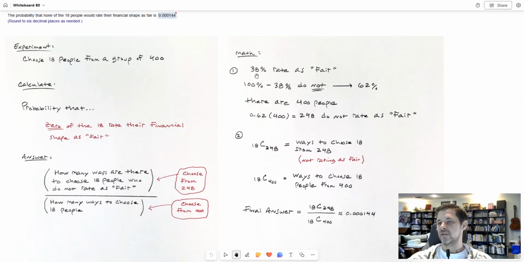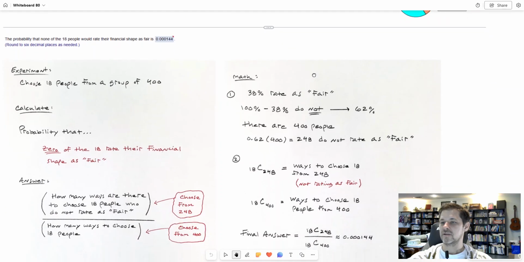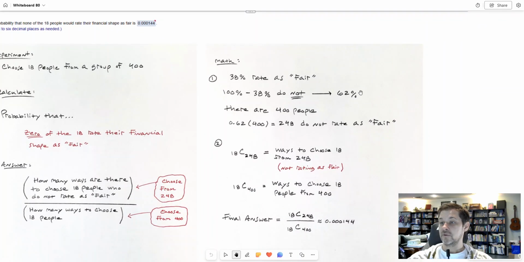So if 38% rate their financial shape as fair, that means the rest of them do not. The rest of them have some other answer to that question. So the rest would be 62%, because there's 100% total. If I take away the 38% that rate their financial shape as fair, that's 62%.